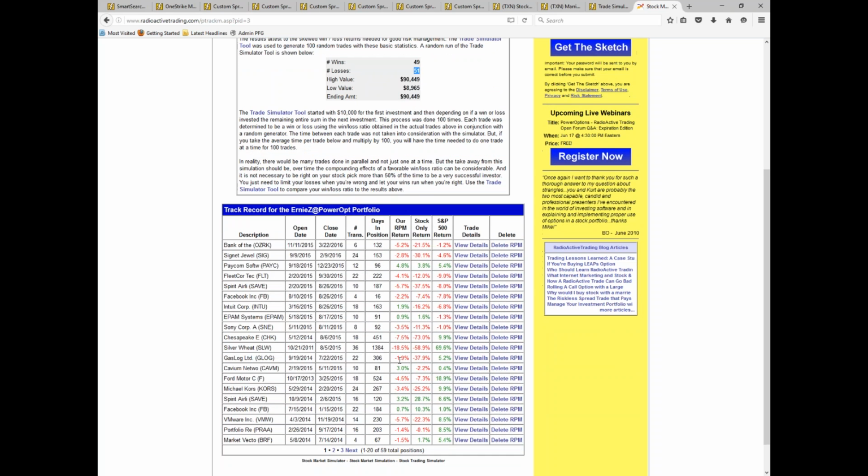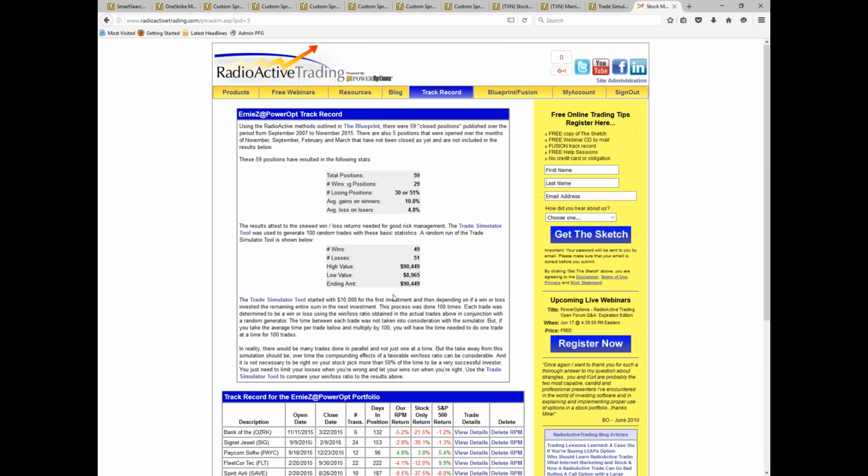Why does he do better? Because Ernie has a tendency to stay in positions longer. He'll continue to trade a position to get to the profit or to the limited loss he wants to. So he'll stay in positions a longer period of time and keep applying the income methods. I don't. I'm rarely in a position longer than 7 months, very rarely even that long.